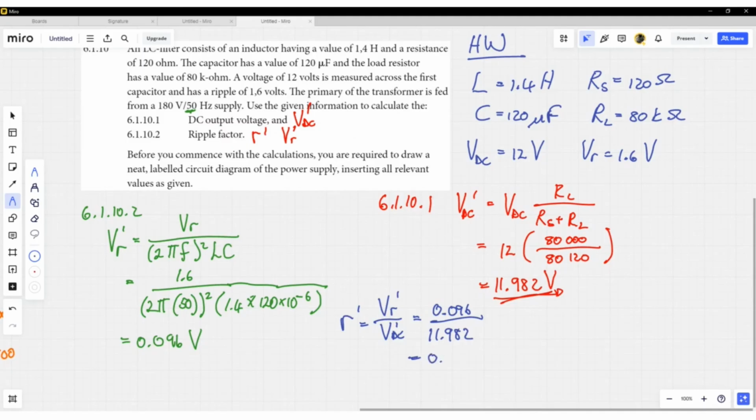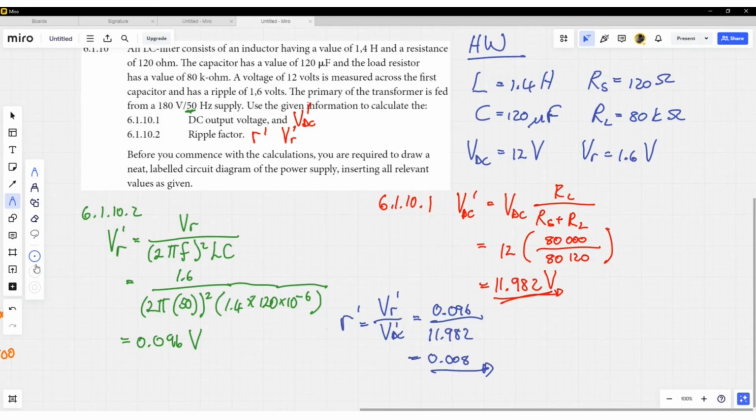This is going to give you a ripple factor of 0.008. Or if you have to do it as a percentage, that's 0.08%. All right, or actually 0.8% if you multiply with 100. I see that now.